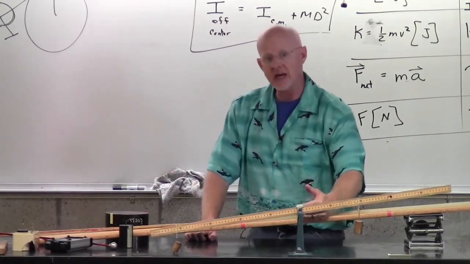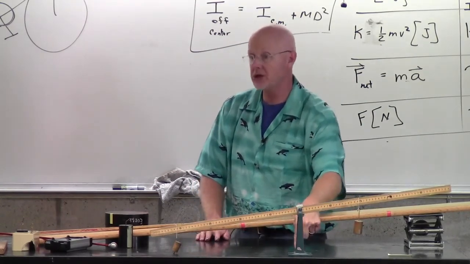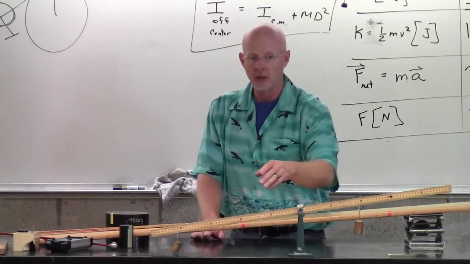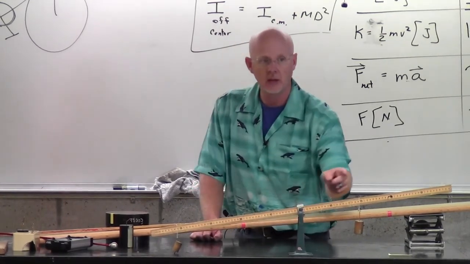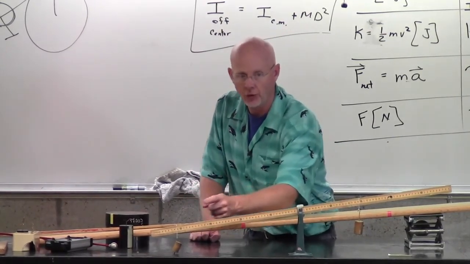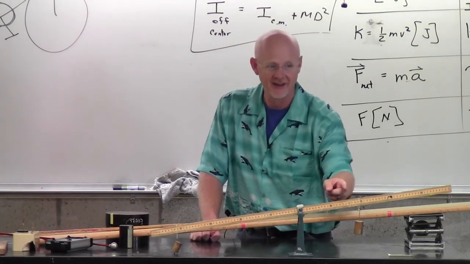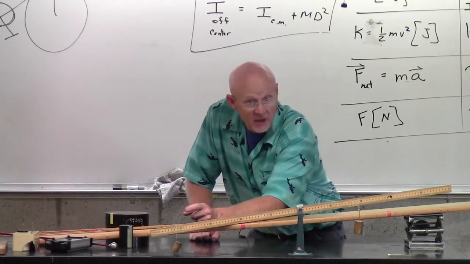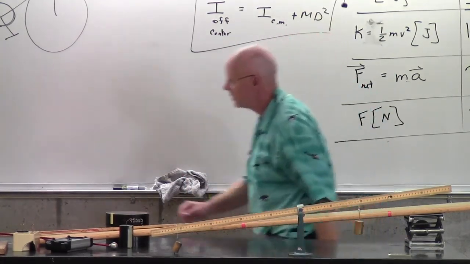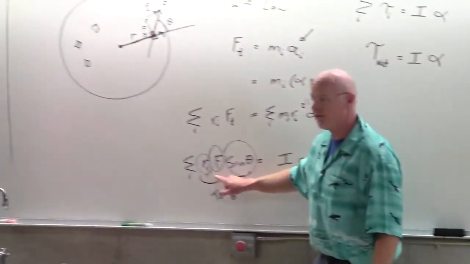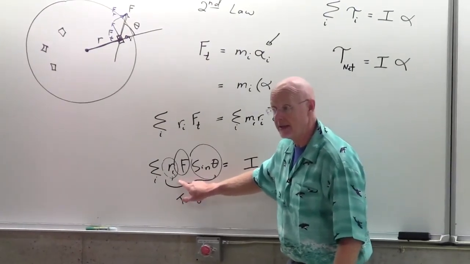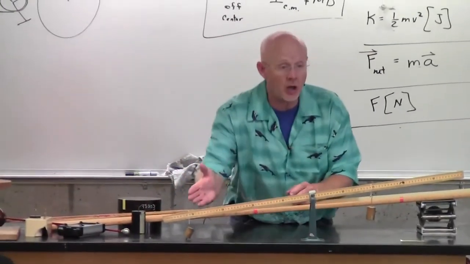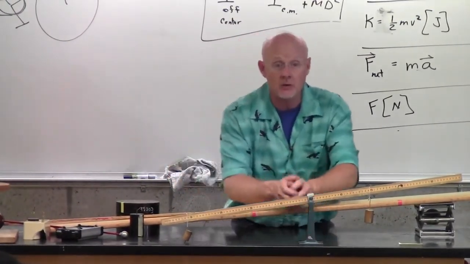Since it's a rotation, I am interested in torques, not force. Which one gave me a bigger torque? Isn't it the smaller weight? Because torque, as I'm trying to say here, is not just force. It's force and distance. So I deliberately put the smaller weight further out.